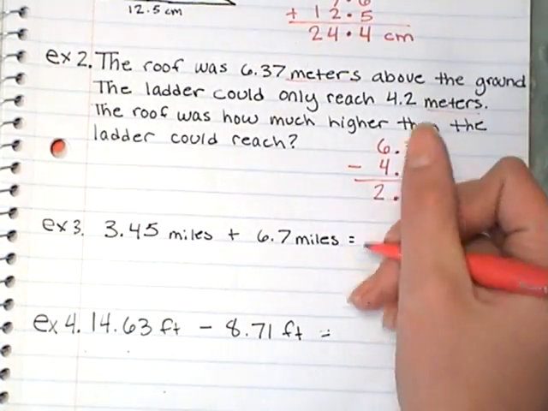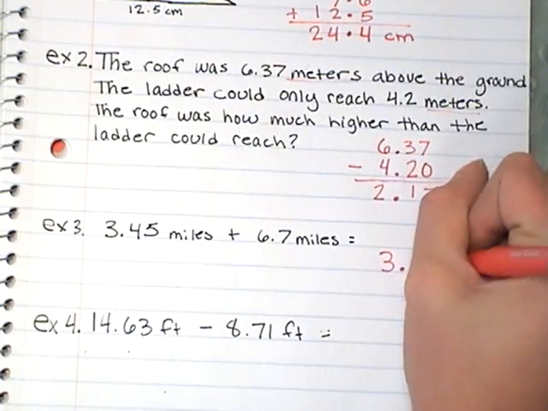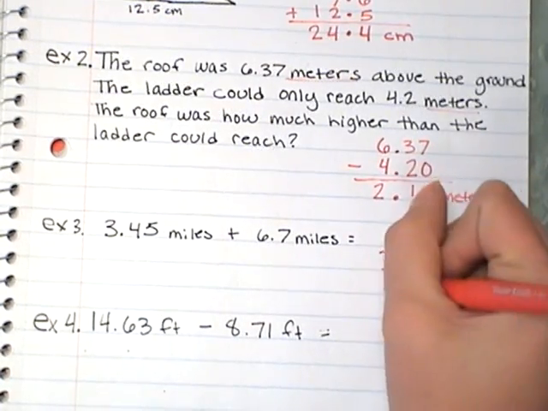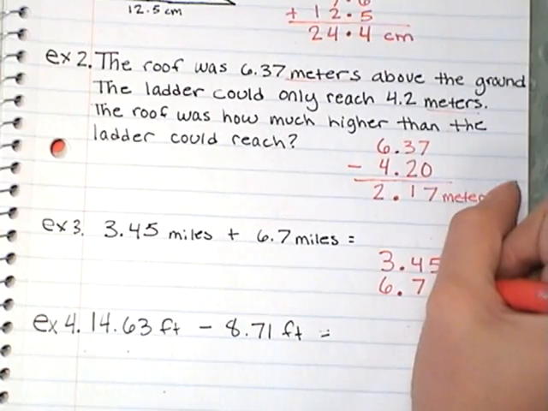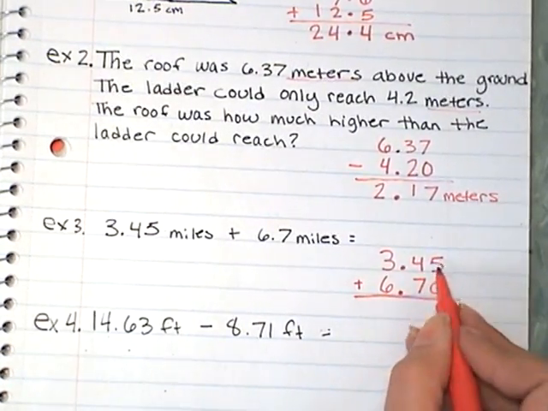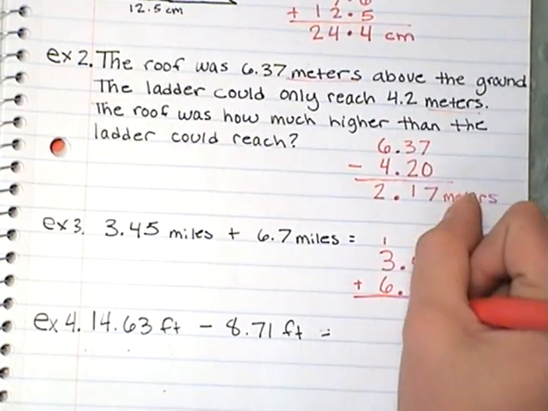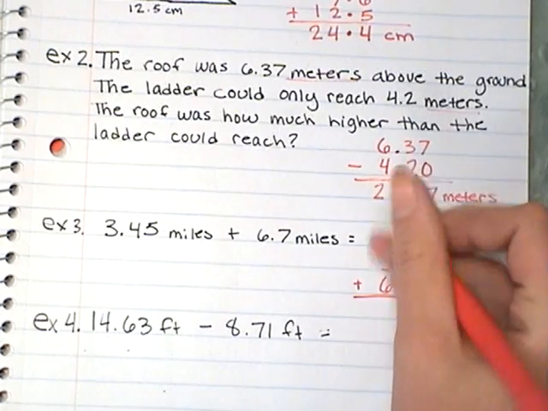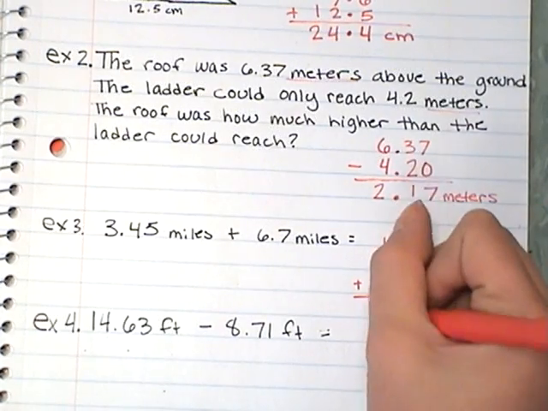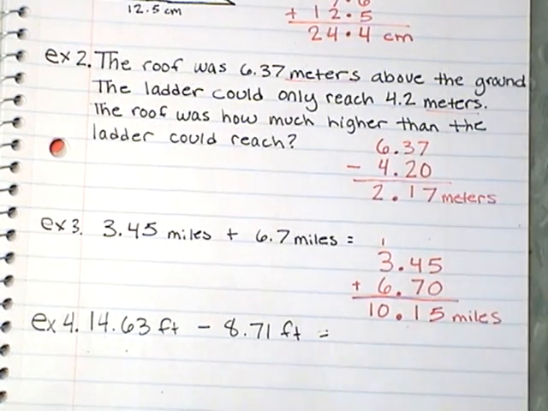And I'm adding, so I'm going to put 3 45/100ths, decimal point, 6 7/10ths. I'm going to go ahead and add a 0 just so I have an even. 5 plus 0, 5. 7 plus 4, 11. Decimal point, 6, 7, 8, 9, and 10. Don't forget your unit, miles. 10 15/100ths of a mile.